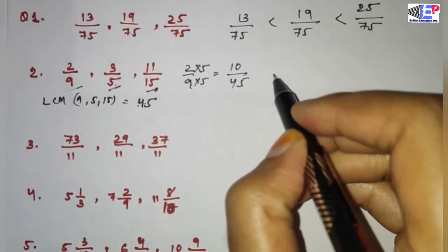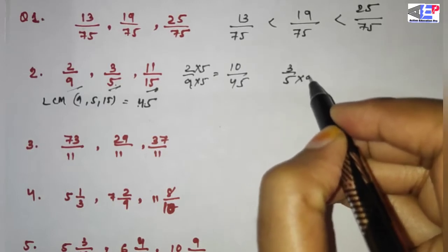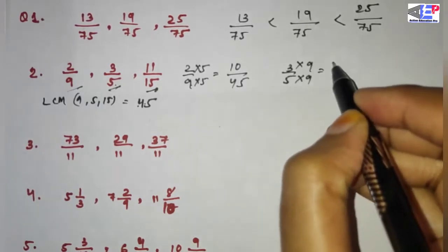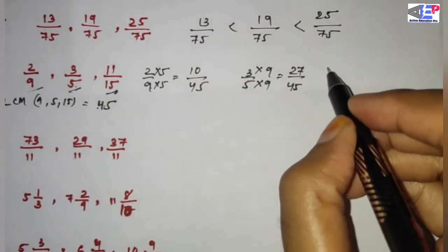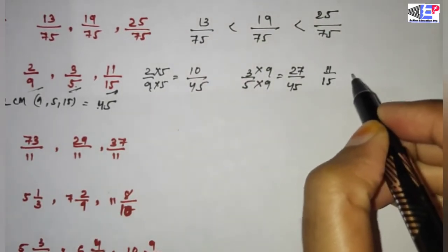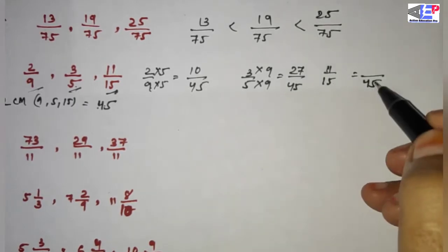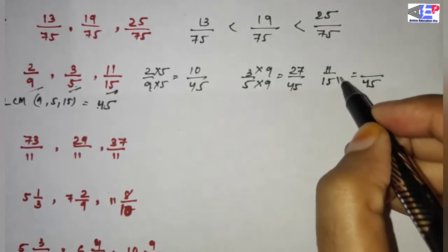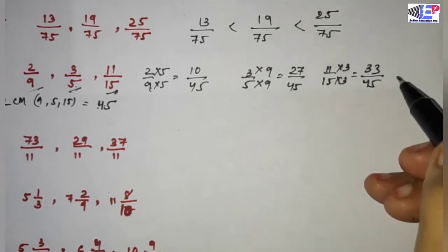Then 3 by 5: 5 9s are 45, so this is 27 by 45. Then 11 by 15: you have to convert this fraction to denominator 45, so multiply by 3, and this is 33 by 45.